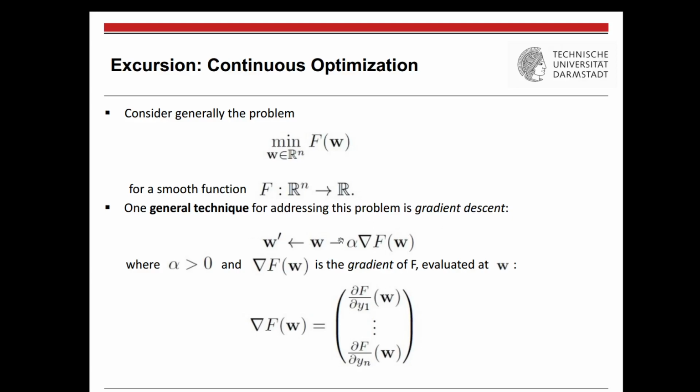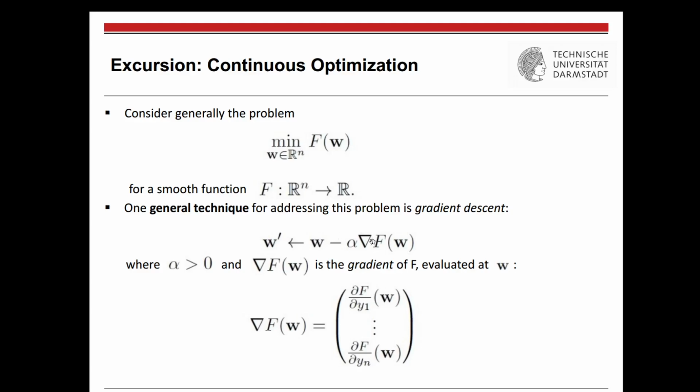It's an iterative algorithm that starts out with some initial guess w. So we initially guess a solution, maybe randomly, or maybe it's an informed guess of what the minimizer could be. So we have a w, which we could also call w0, which is an initial guess of the minimizer.